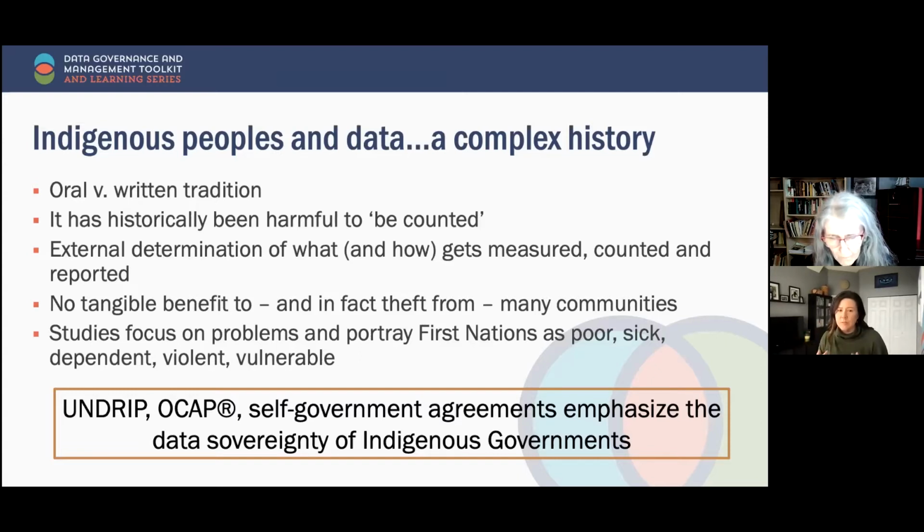One, it explains why the work that you've all done to negotiate your agreements is so critically important, and why many other Indigenous peoples are pushing for OCAP, pushing for data sovereignty, because we want to control the narrative of our own citizens. It also explains why many of our people might hesitate about governments holding data about them.